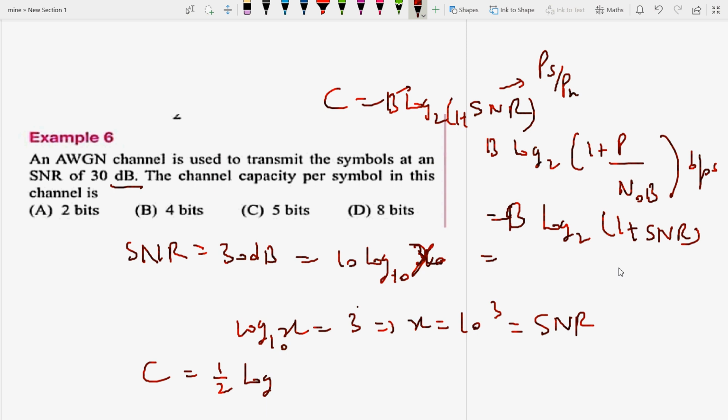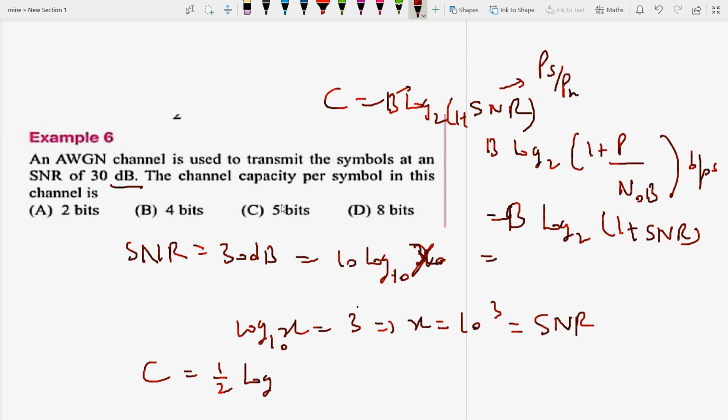So the channel capacity per symbol is B log base 2 of 1 plus SNR, where P is the average transmitted power of the signal.